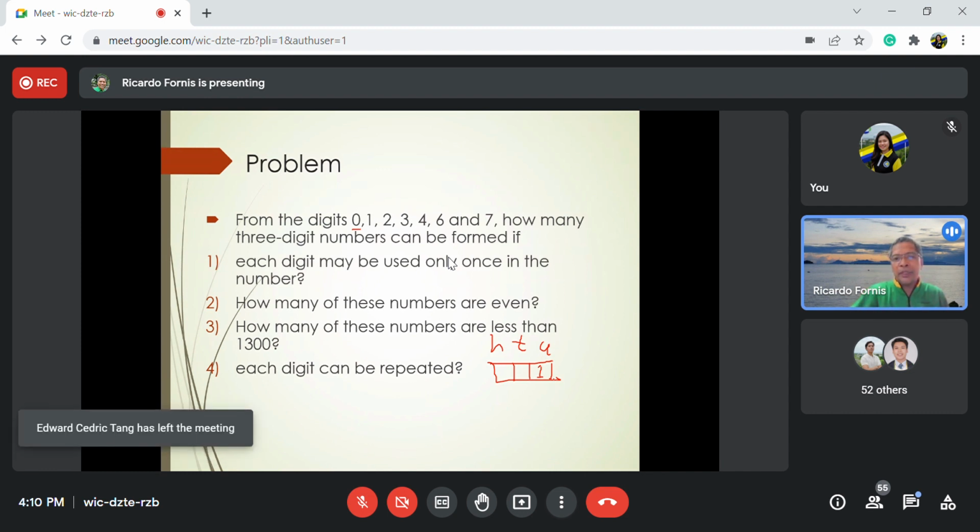Since 0 has been taken already, the remaining digits are non-zero: 1, 2, 3, 4, 6, and 7.